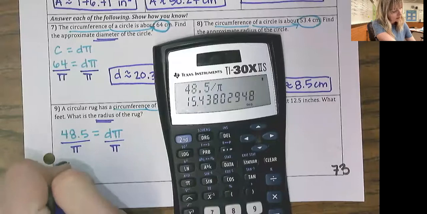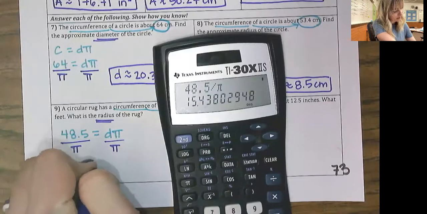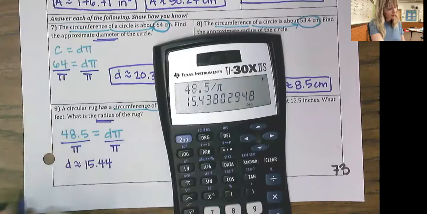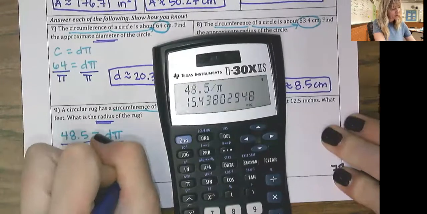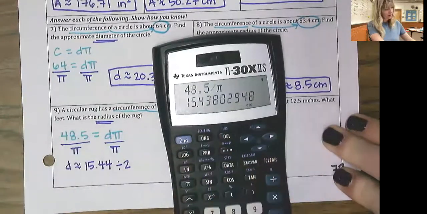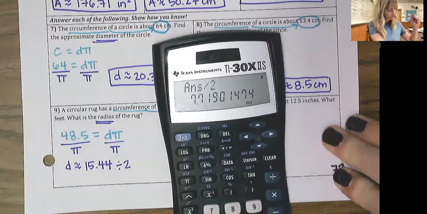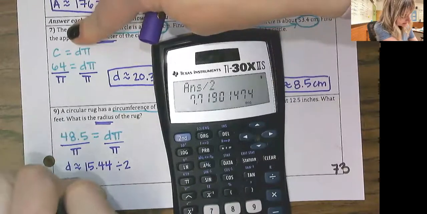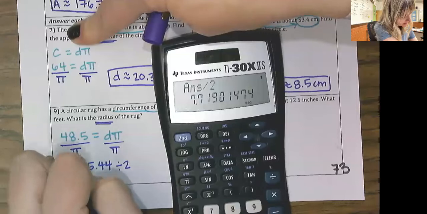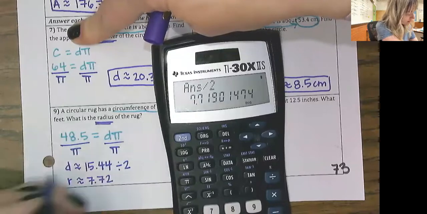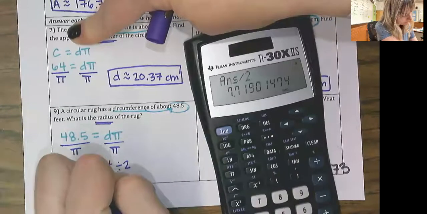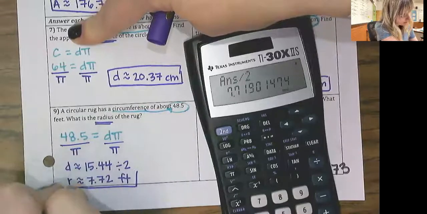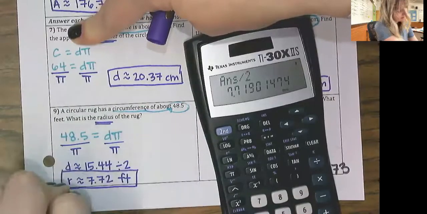The diameter is approximately 15.44. And you know what? Because I'm going to divide that by 2, I'm just going to leave that big decimal right there and hit divide by 2. So the radius is approximately 7.72 feet. They asked for the radius.